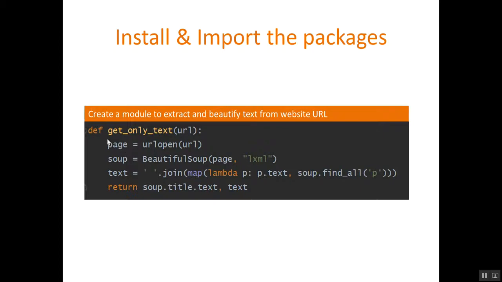So in order to get rid of those tags, we are using another function called beautiful soup. So when you pass this page to beautiful soup function, it will give out the text. So here we are doing some processing just to make the text clear, and it will return the value that is text.